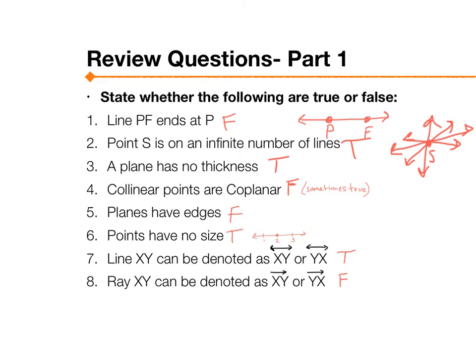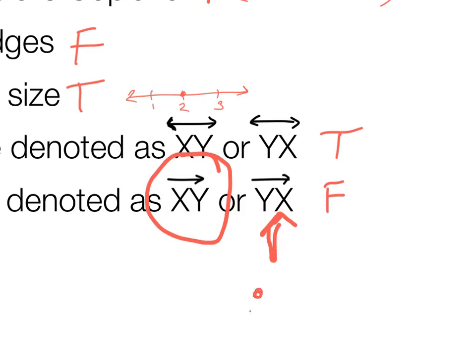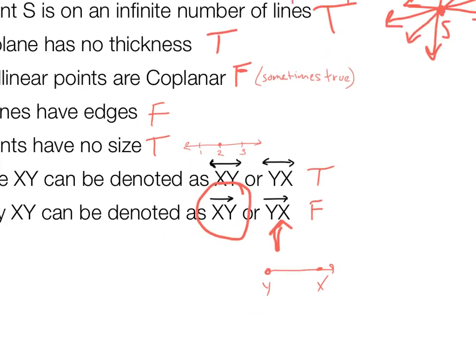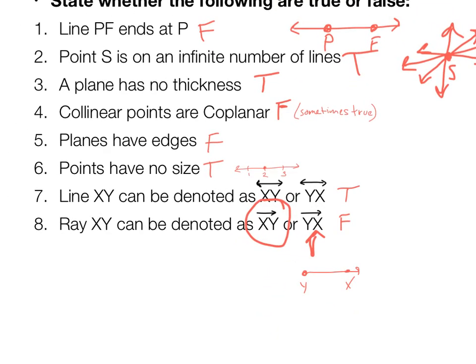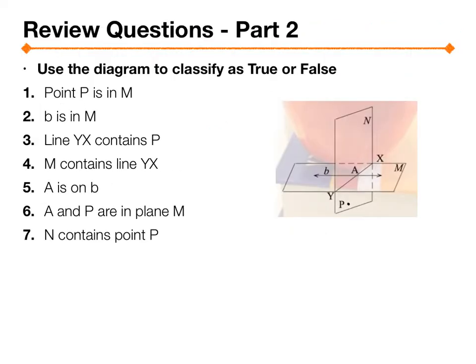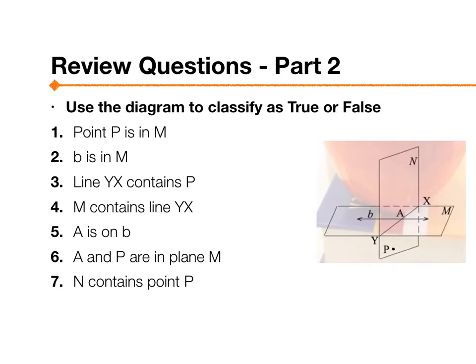It would only be denoted as XY because the endpoint is X and it extends through Y. This one would be saying that it ends at Y and extends through X. But we're talking about ray XY, so it has to be this one.